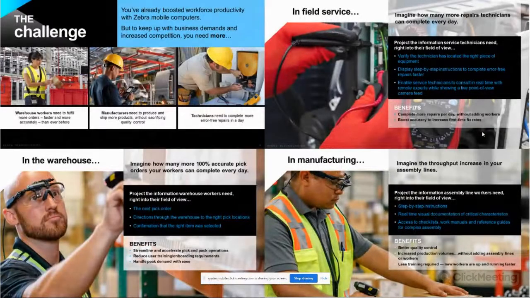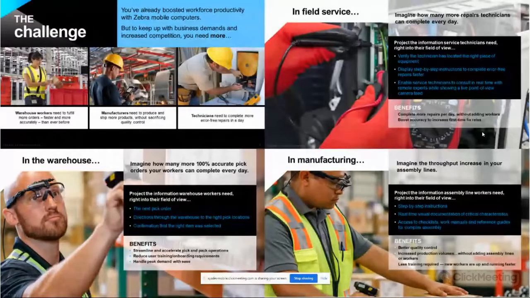So what we're looking at here is a head-mounted display, which you can see in a number of situations here. Warehouse, manufacturing, field service. The common thread is that all of these applications are what we would call directed action. The head-mounted display, positioned in front of the wearer's eye, presents them with a bite-sized chunk of information as to what the next task is that they have to do.